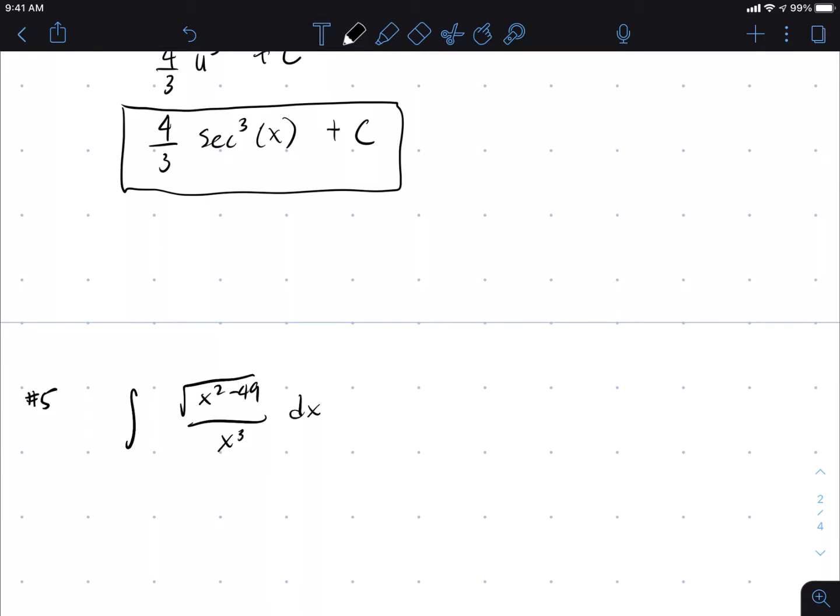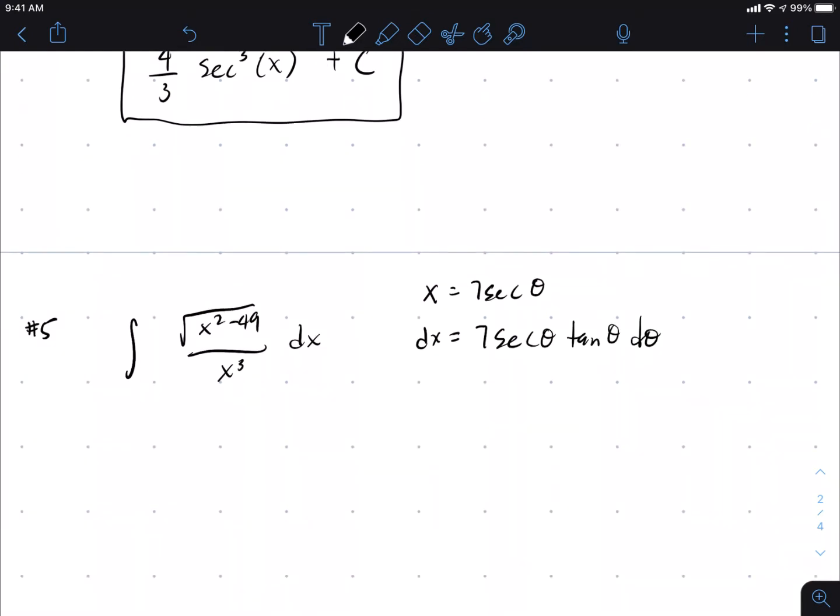Right? And this is where you guys knowing your trig subs becomes so important. We would go x is 7 secant theta. Right? So knowing your substitutions for your trig subs becomes so important, because look what happens here when we do this problem. I take the derivative, I'm going to get 7 secant theta tangent theta d theta, correct?